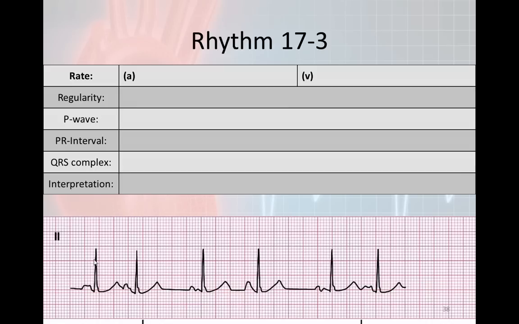Moving on to the next one here. This is an irregular rhythm. It looks like it's a normal rate, but let's see if we can figure out how much. This is going to be a 300, 150, 100, 75, 60. So maybe that's a 70. So we'll just average it and say it's like, what, 80?